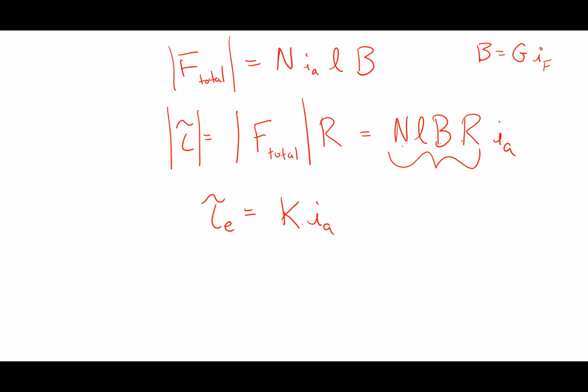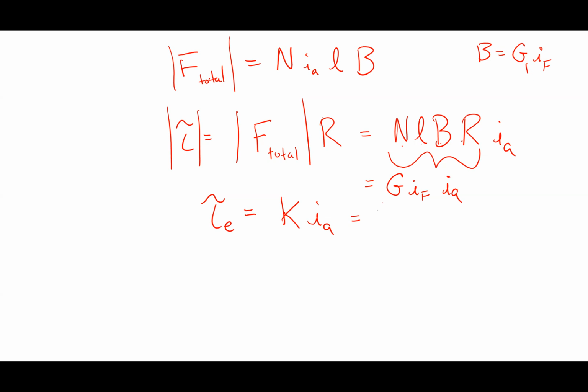So in this case, sometimes if I look at this carefully, maybe I shouldn't use the G right off the bat. One other way that we sometimes write this is G times IF times IA. So if I do have a separately excited machine, let me call this G1 here, just to differentiate from the fact that there are some different constants in there. All right.